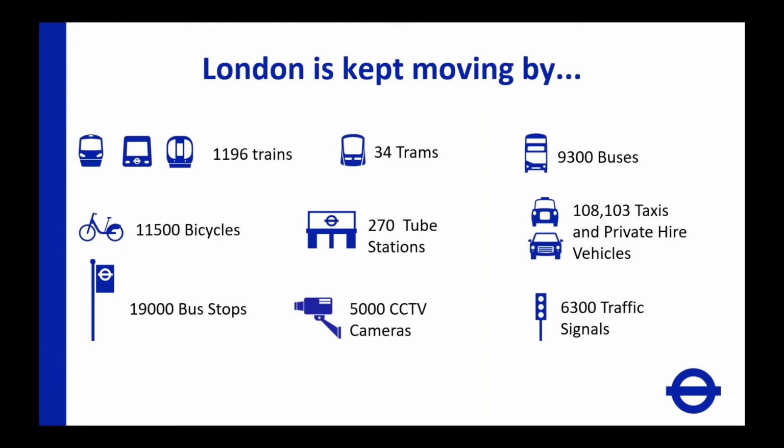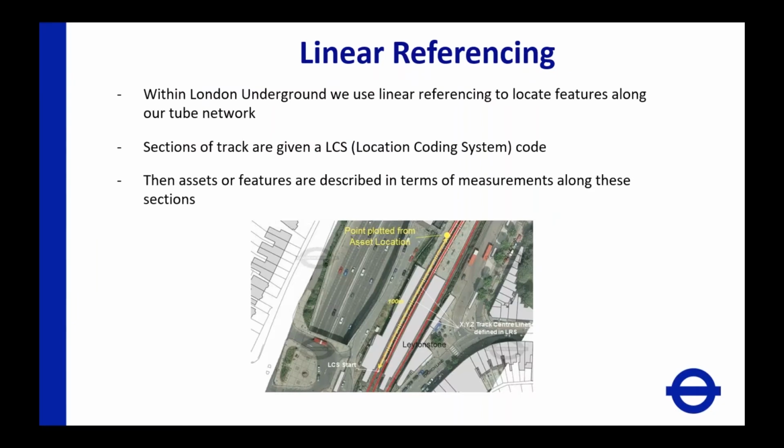So personally, I work within TfL engineering, and I'm focused more on the London Underground side of things. The way that we identify the location of all of our assets is by using linear referencing. So this is the idea that we give sections of our track a particular code that we call an LCS code. This might range from one station to another station, for example.